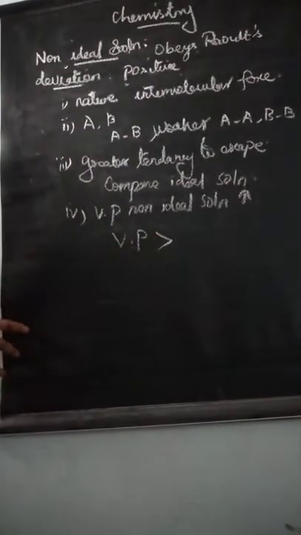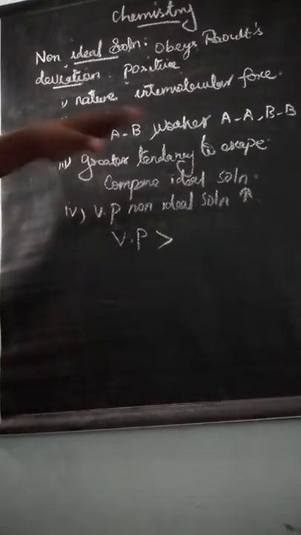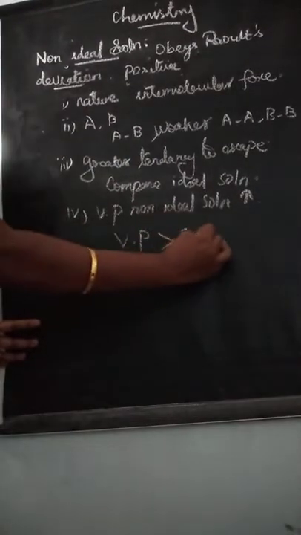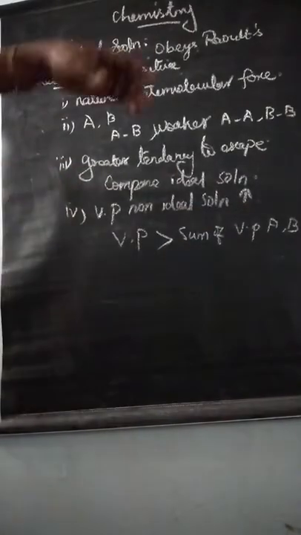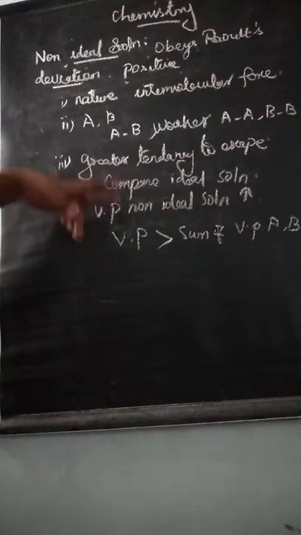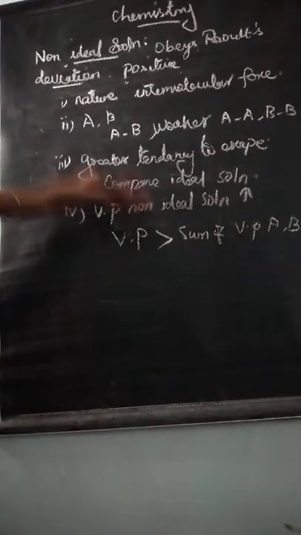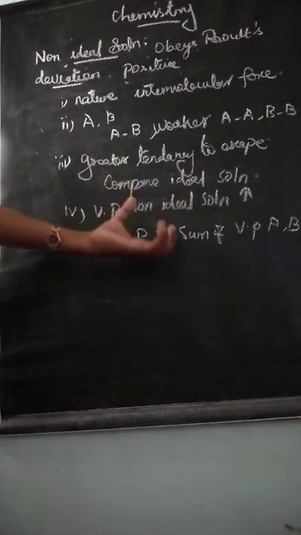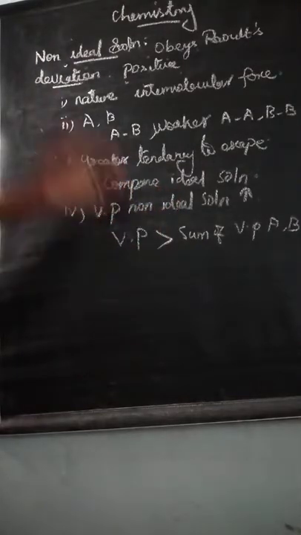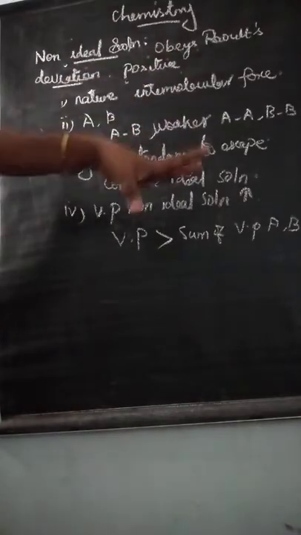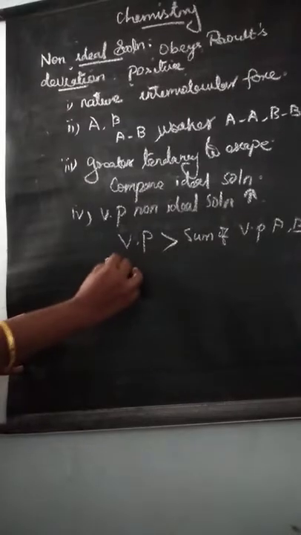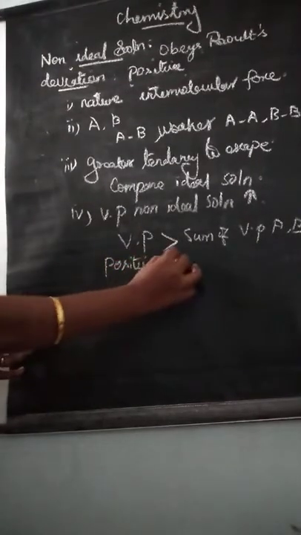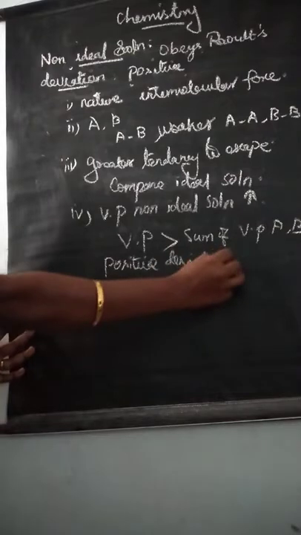And this non-ideal solution vapor pressure is greater than the sum of the vapor pressures of A and B from Raoult's law. Understand? This deviation only we are telling positive deviation. This deviation is called positive deviation.